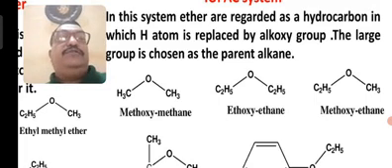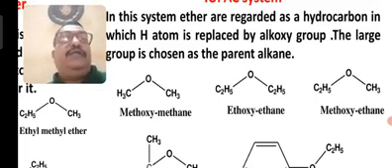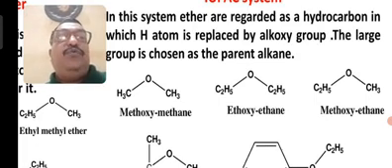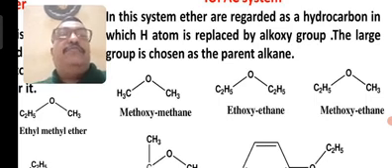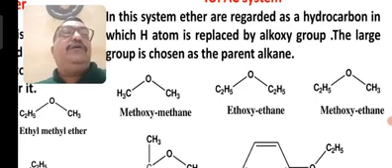The H of the CH4 is replaced by O, and that O is again attached to CH3. That means CH3O is the methoxy group. So now what is the name? CH3OCH3: one CH3O is called methoxy, and the hydrocarbon group is methane.